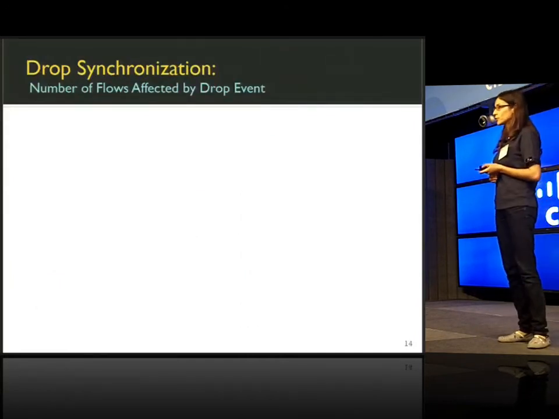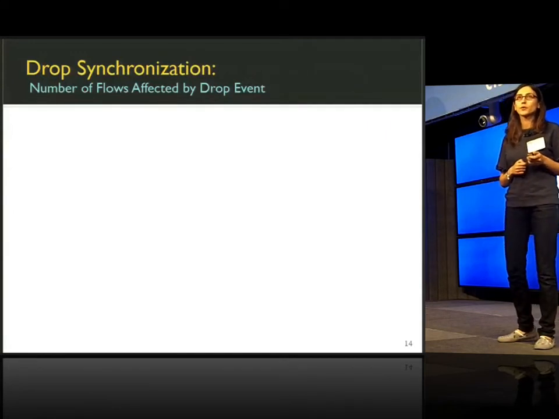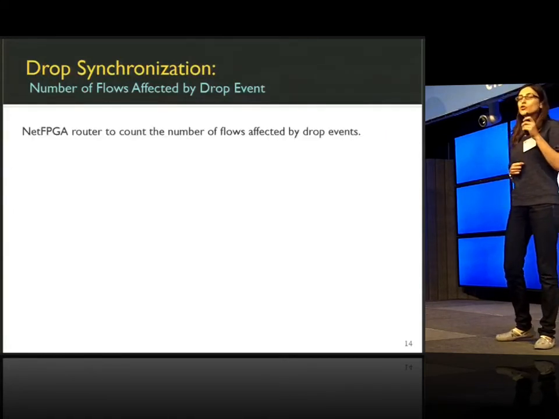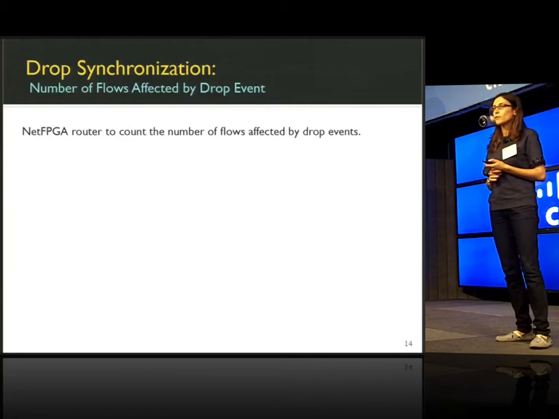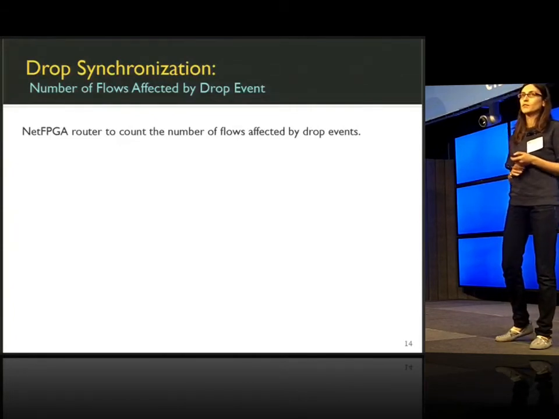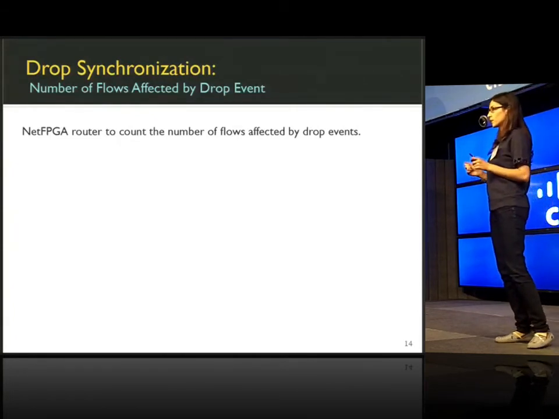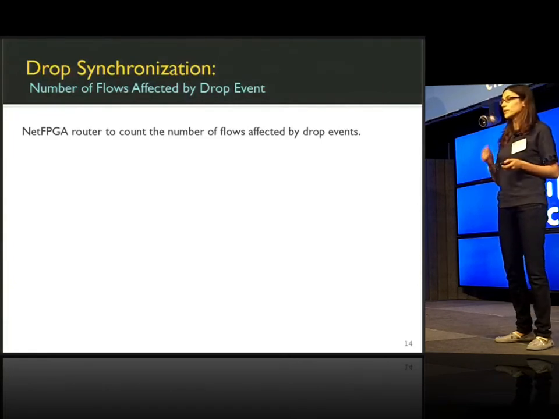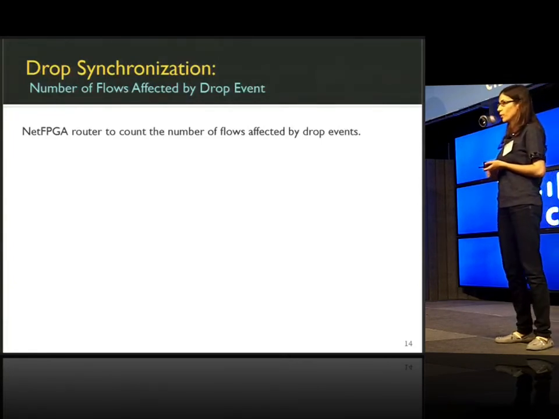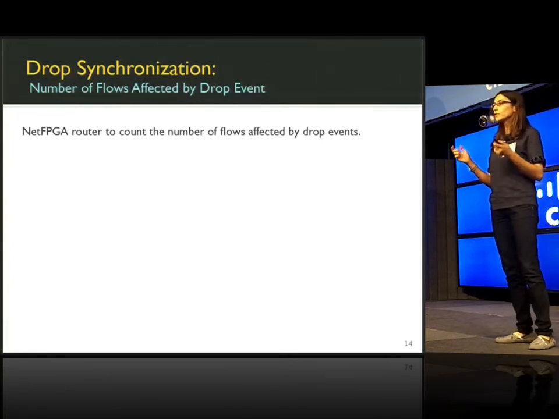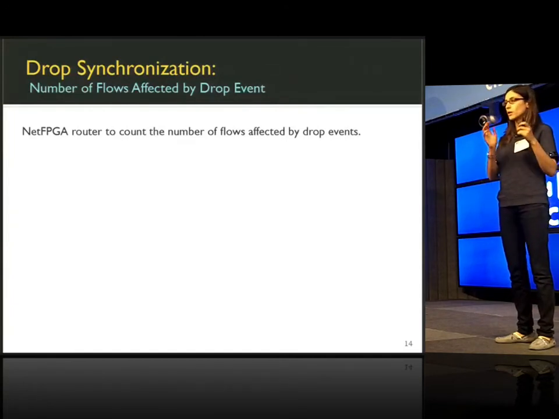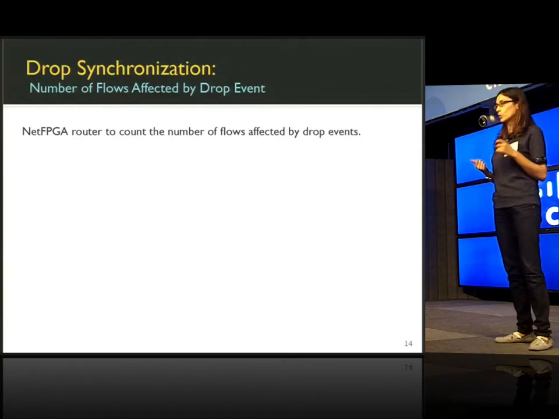So let's look at the drop synchronization. To measure the drop synchronization, we used the NetFPGA router and we counted the number of flows that are affected by a drop event. We modified the event capturer module in the NetFPGA router, and we instrumented it so that every time there's a drop in the router, it reports the flow IDs of all the flows that have been affected.